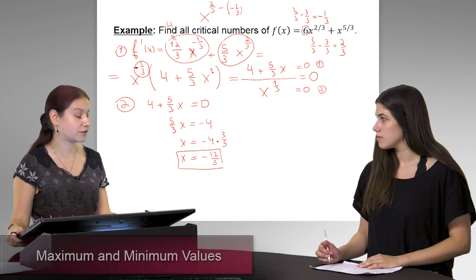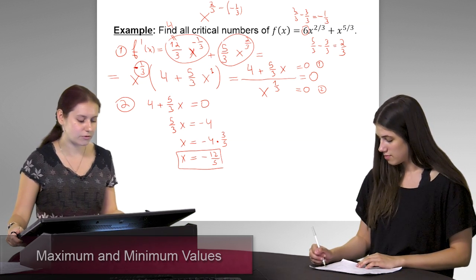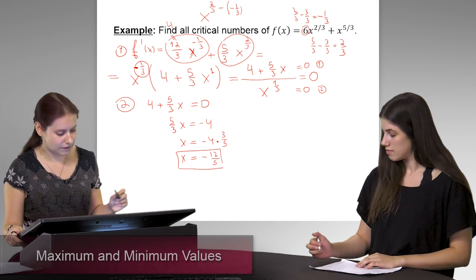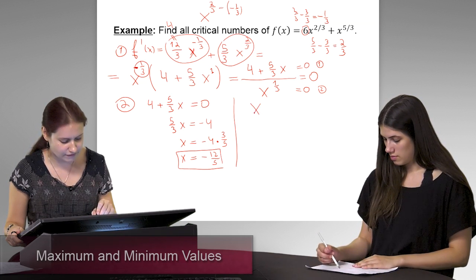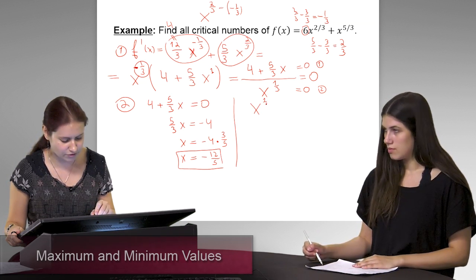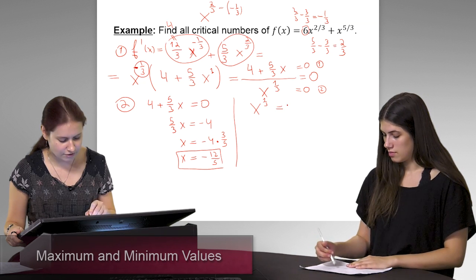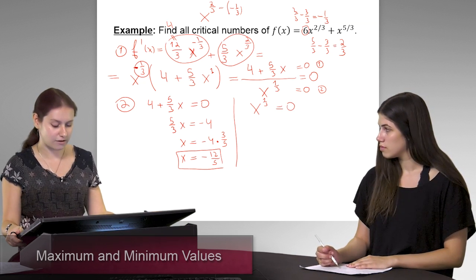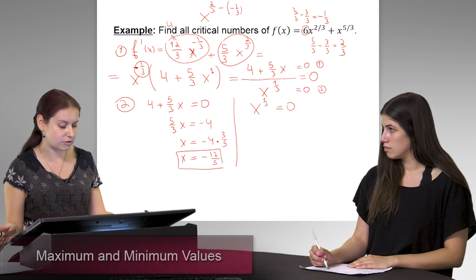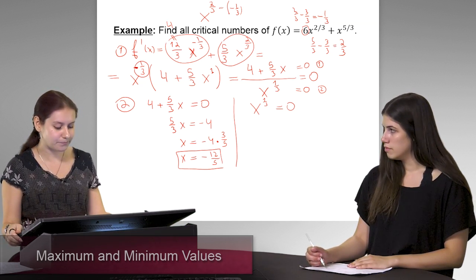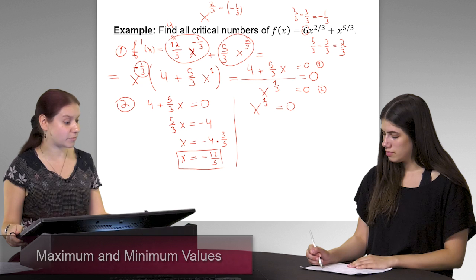This is my first critical number because it's a 0 for the derivative of the function. Then I want to check, always check the bottom. And the bottom says that I have x to the 1/3. And I check where x to the 1/3 can be 0. Sometimes it's not 0 at all, and we had that situation before. Here, I want to find zeros for the denominator.